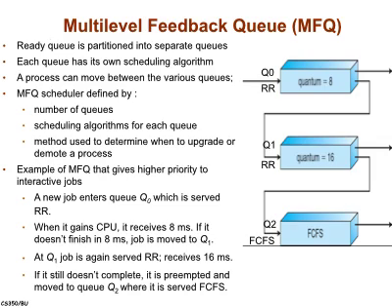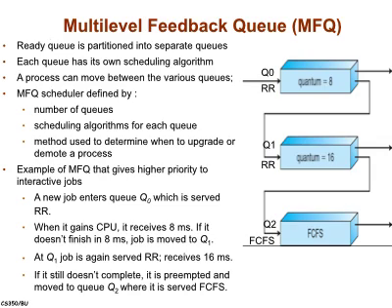So processes that finish quickly within 8 time units have the highest priority. Processes that finish within 16 time units have the next higher priority, and processes that take longer than 16 time units have the lowest priority in the system.